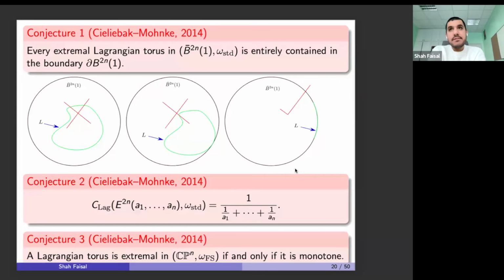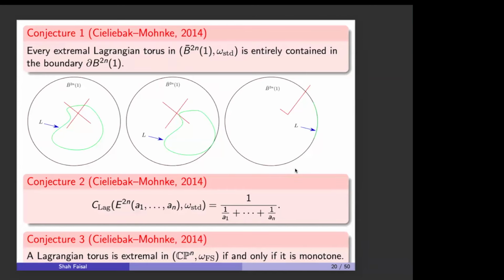If you take a closed monotone symplectic manifold, it's not clear if every one contains a monotone torus. So that's also not clear. But one can expect that monotone tori are precisely the extremal tori in a general monotone symplectic manifold. All right. Okay. Thank you.